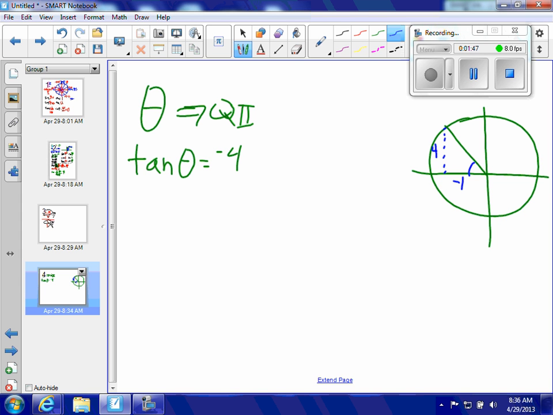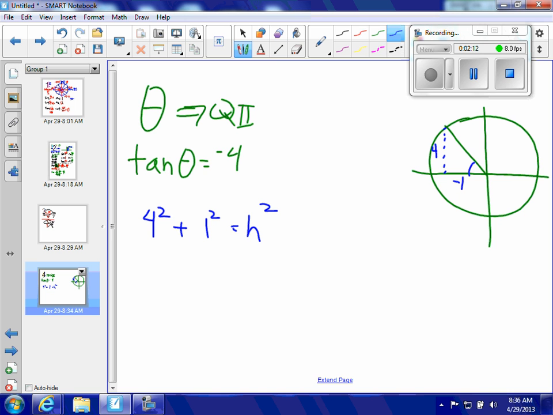And again, I need to find the hypotenuse in order to get the values of all of my functions here. So my hypotenuse is going to be 4 squared plus 1 squared, or -1 squared, same thing, is equal to h squared. I'm going to use the Pythagorean theorem.